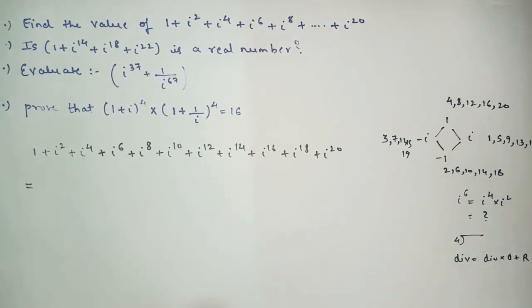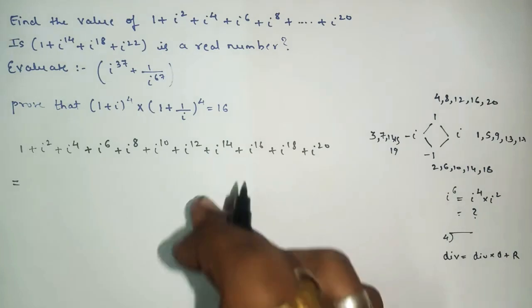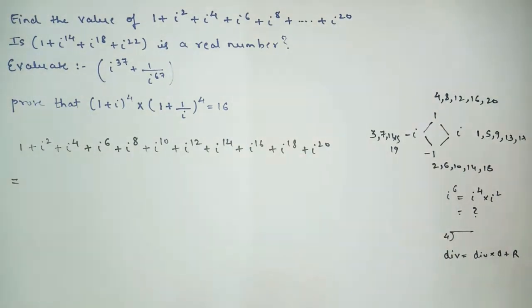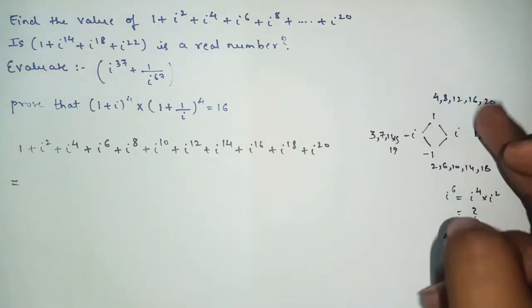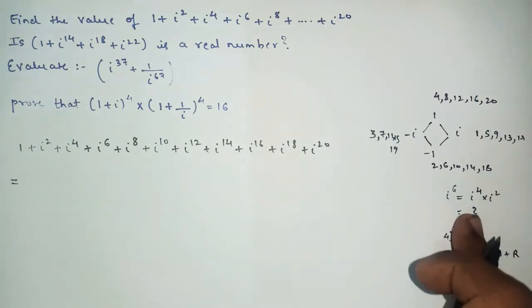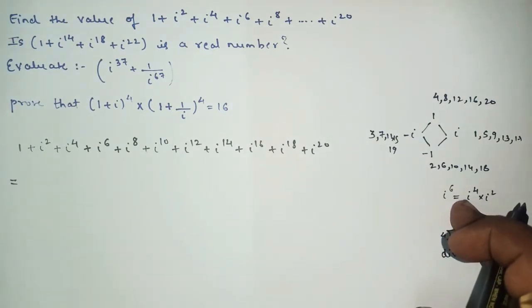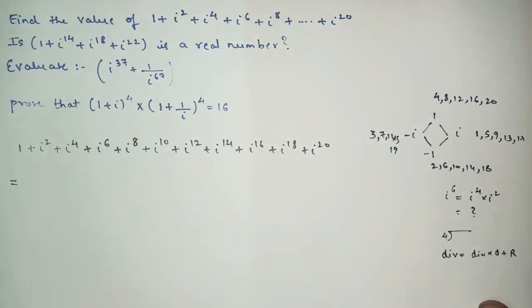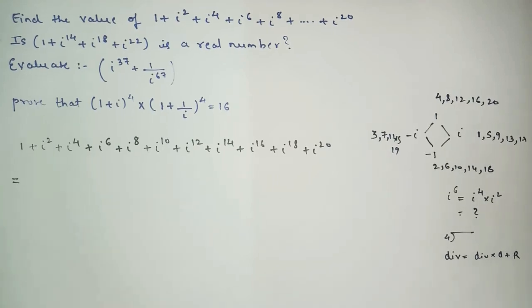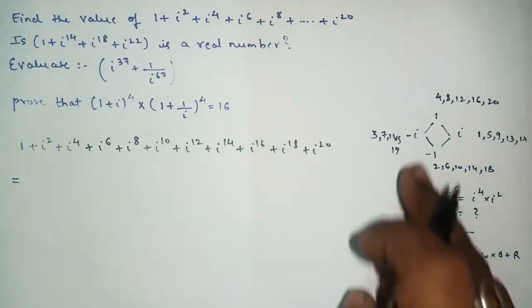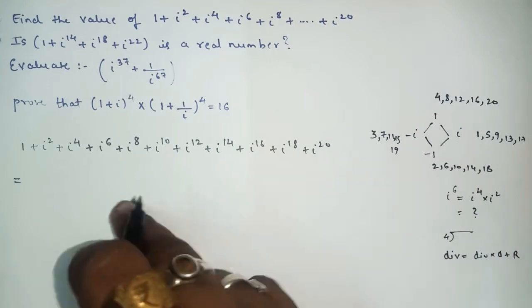So there are 3 different methods in which you can find your answer. For this I will say this will be the simplest method, or else you can break the number as you wish and then find your answer. But for this sum I feel that this will be the easiest method.